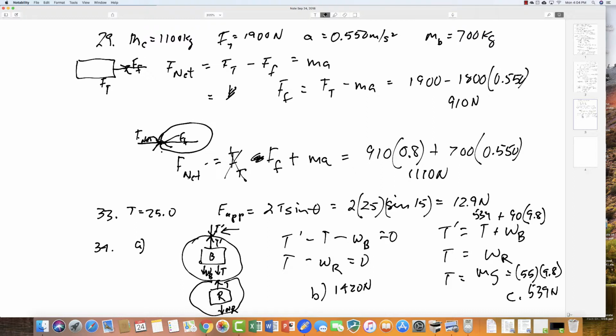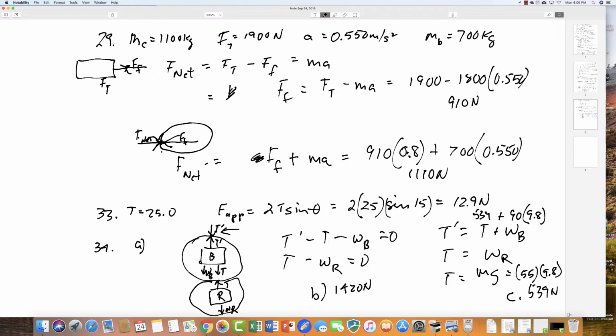So now F net is going to equal the friction force plus whatever acceleration you achieve on the trailer and the boat. And so that's going to equal the 80. It tells you that the friction force of the boat and the trailer is 80% of the total.